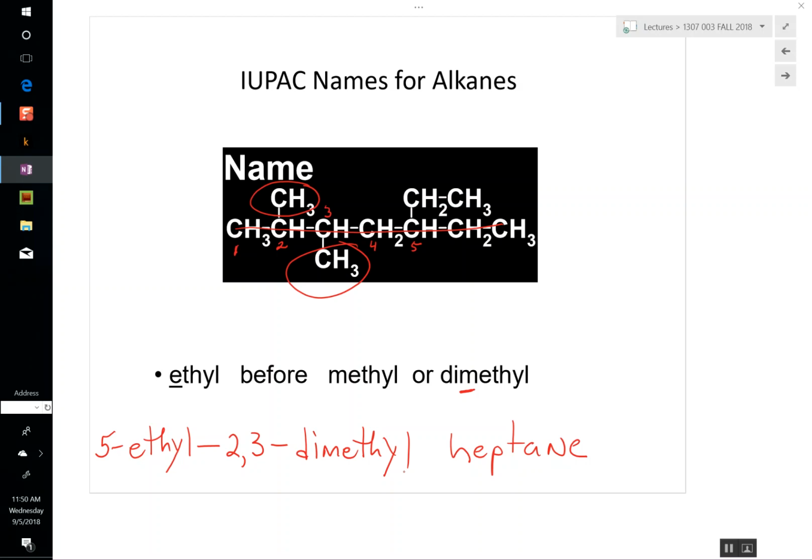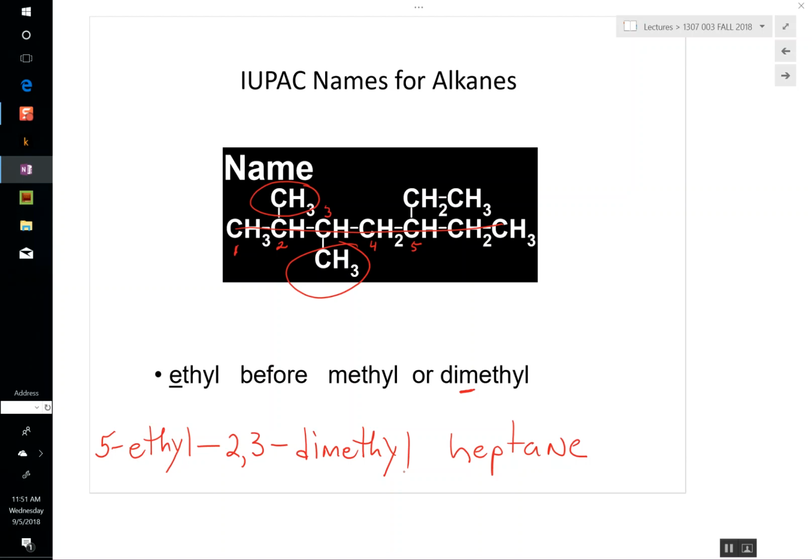Because it's closer. If I started counting here, 1, 2, 3, I don't get to that ethyl group until carbon number 3. But I'm getting to this methyl group at carbon number 2. I'm getting there first. So when I start counting from this end, I get to a substituent sooner than if I started counting from the other end. You always want the lowest possible numbers in your name.